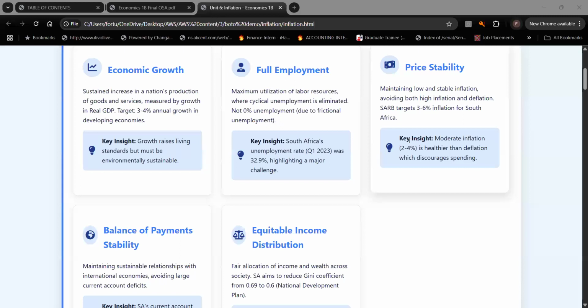And hence, that is going to affect our long-term planning. In terms of price stability, that is what we're going to be focusing on today, as we'll be talking about the subject of inflation, and we'll be delving deep into the different types of inflation that you find within an economy, as well as some of the effects that result from it. So it is imperatively important for an economy to have prices that are stable.